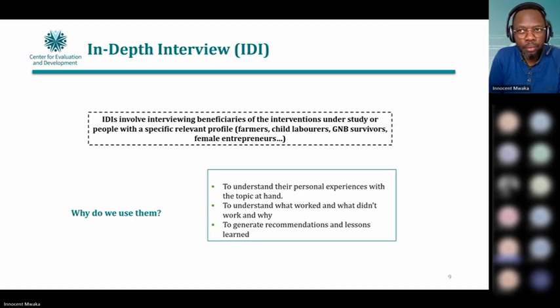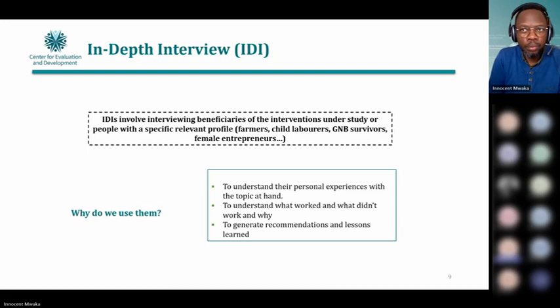But normally what we do during the in-depth interview is that we don't segregate between which respondent we are targeting. So any respondent who can give us reliable information about our assessment is the one we go for. But we target that specific respondent who is knowledgeable about the subject.